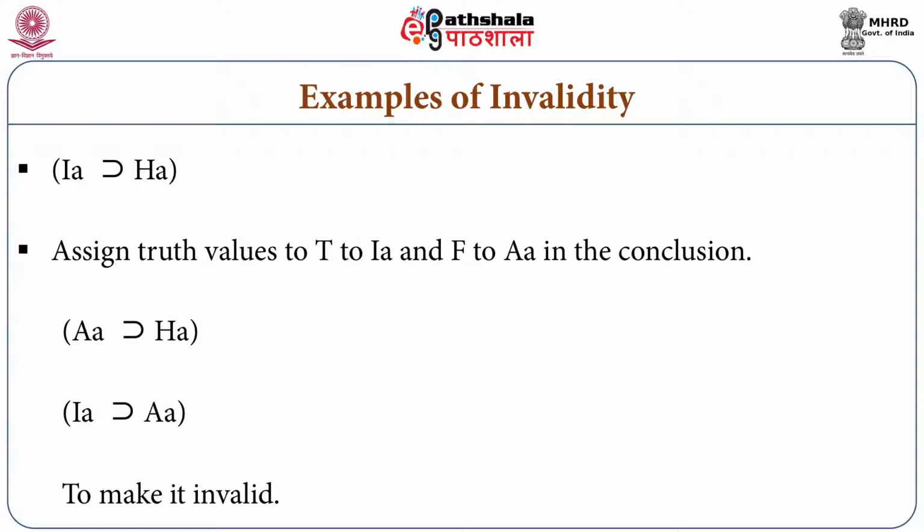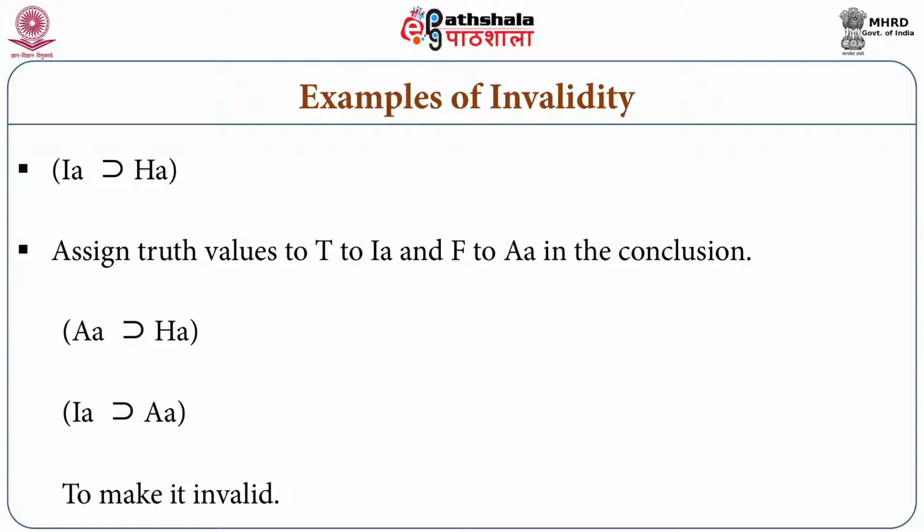Now the conclusion is a conditional sentence. So that means under the interpretation of implication, a conditional sentence will be false only if the antecedent is true and the consequent is false. So now we assign truth value f to the consequent. Here the consequent is actually a, which means American.